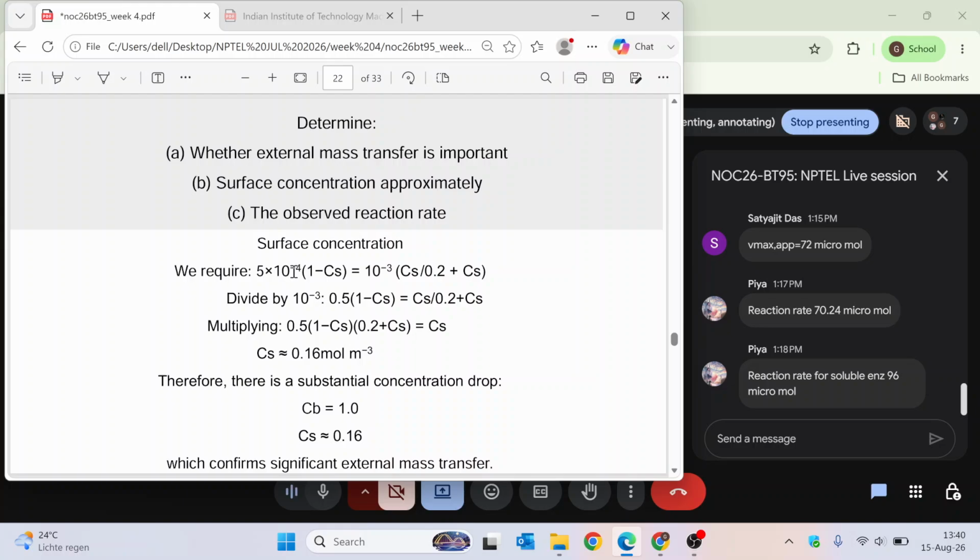But anyway, it's approximately 0.16 moles per meter cube. But what is your CB? The bulk concentration is 1. But your surface concentration is way less, and this also tells that there is significant external mass transfer. This is your surface concentration. I hope you get how to solve for this.